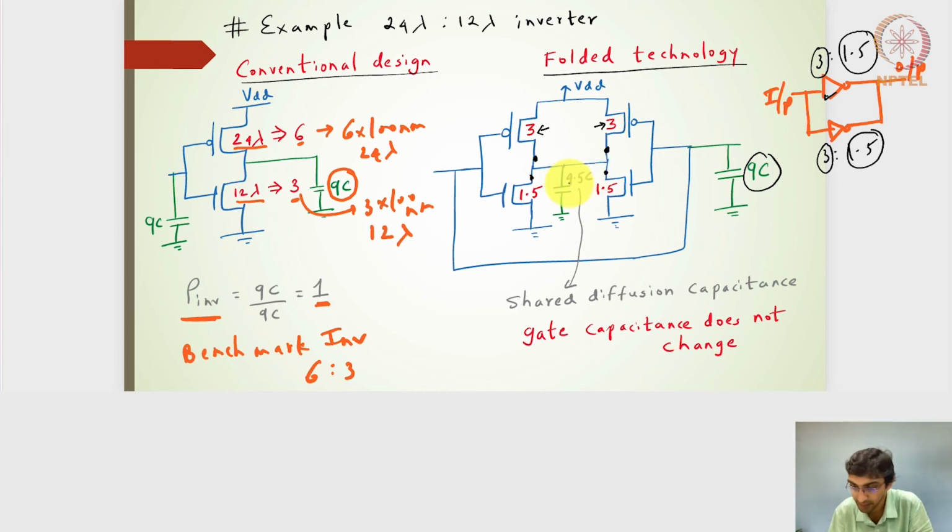So my overall capacitance here, because it's a shared diffusion, I'll get 3C from this particular diffusion, and then I will get 1.5C from this particular diffusion. So I will have the shared diffusion capacitance as 4.5C instead of 9C. The gate capacitance does not change, it will still be 9C.